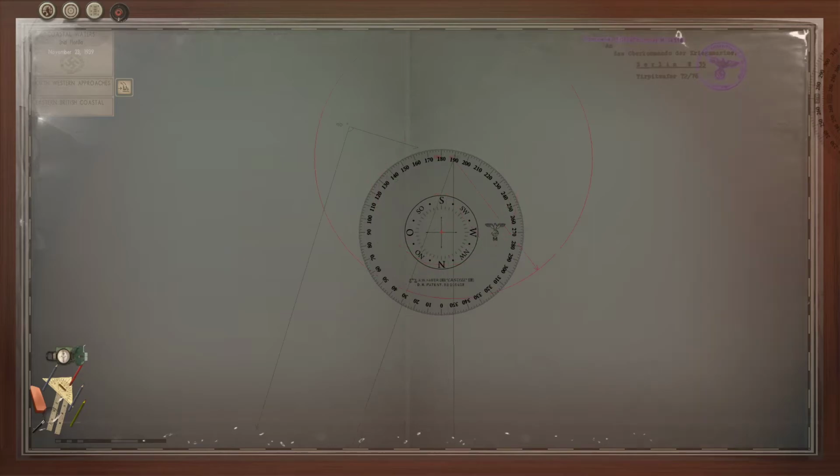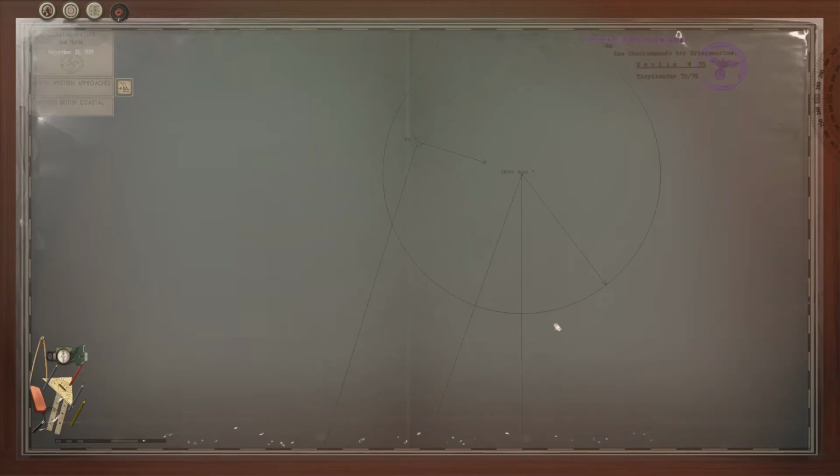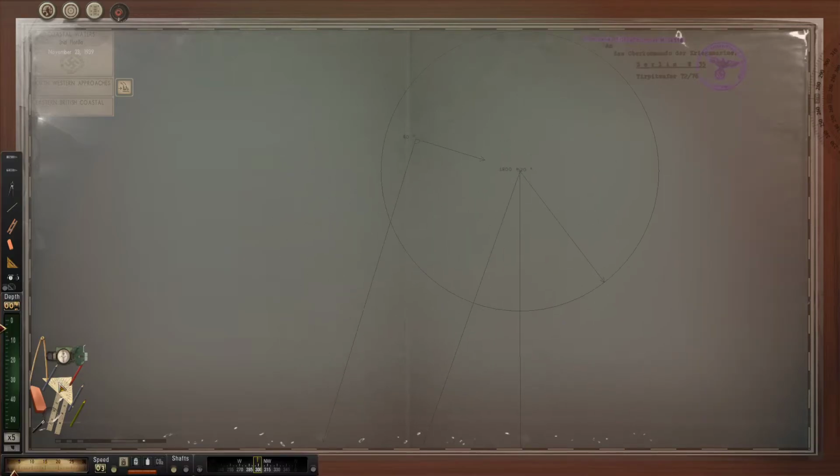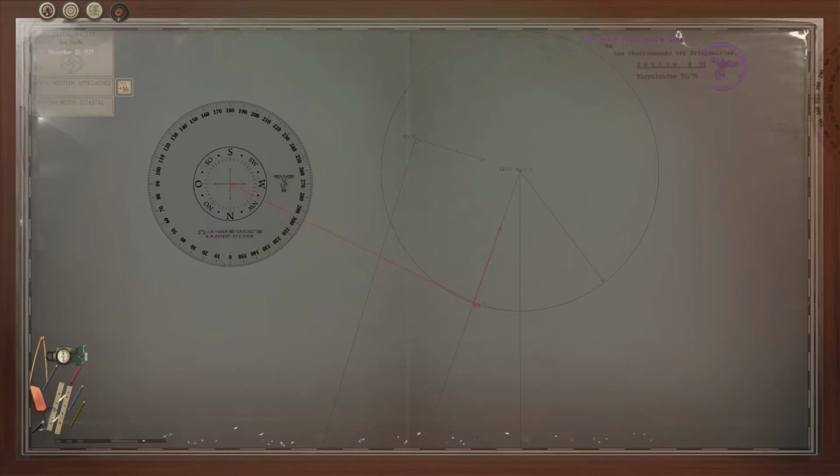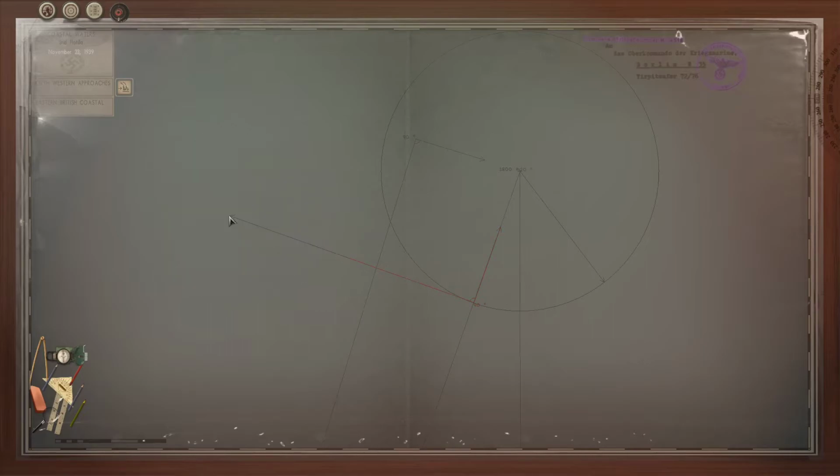There we go. Now we draw our perpendicular from here like so. That is our fix right there.